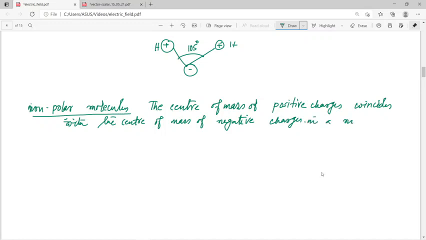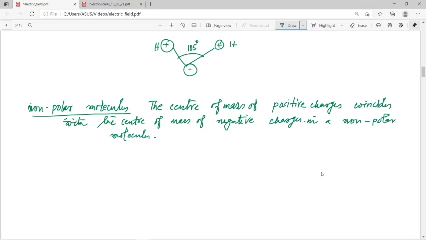So when we study the electric behavior of solutions, it is one of the important facts that you need to know.